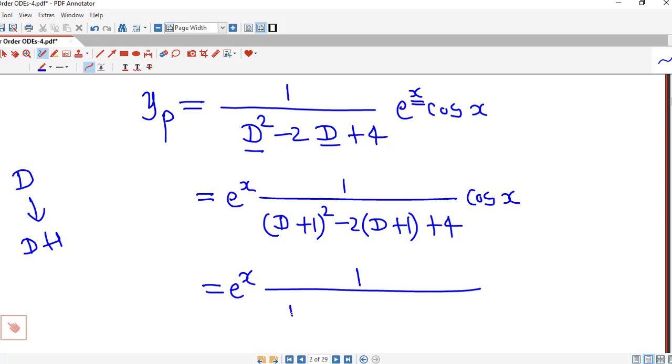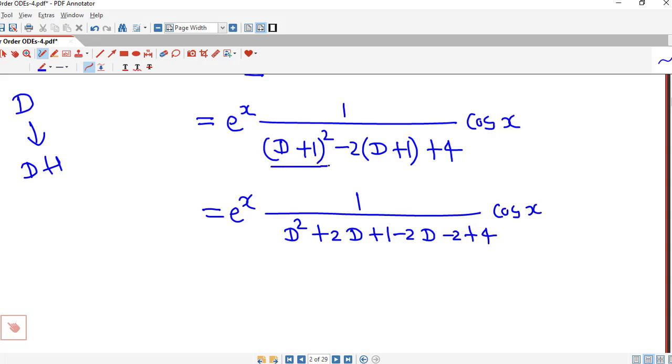1 divided by, if we consider this, D square plus 2D plus 1, here minus 2D minus 2 plus 4, cos x. Let me check again. D square plus 2D plus 1 minus 2D minus 2 plus 4.